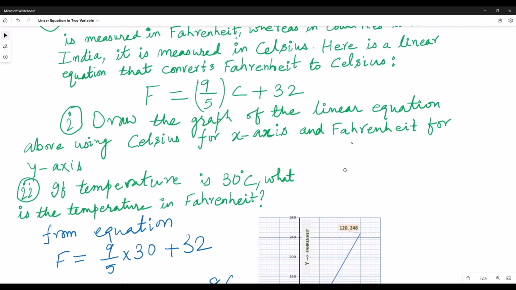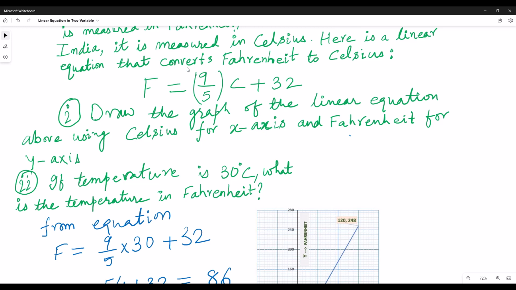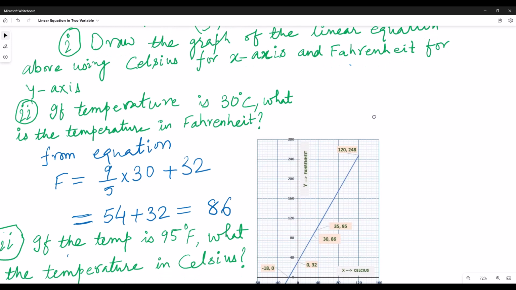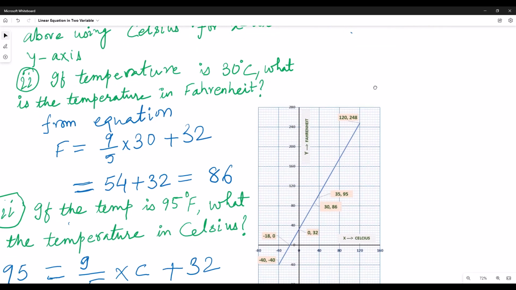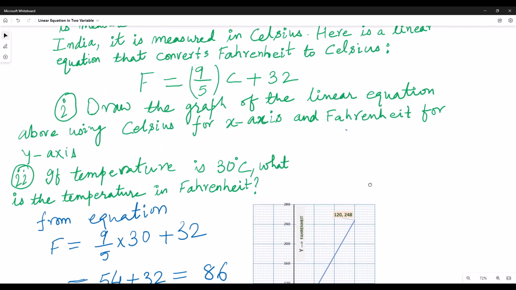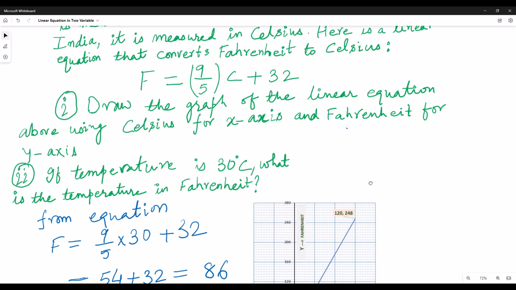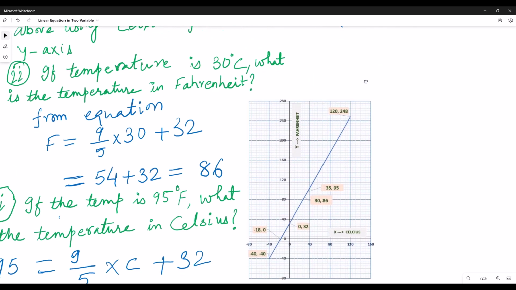To draw the graph of this equation, you need to put in different values of C and find the corresponding values of F. If you put the value of C as 0, then F will be 32. If you put the value of C as minus 40, then F will also be minus 40.